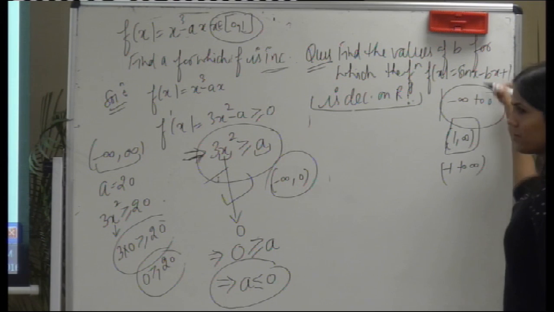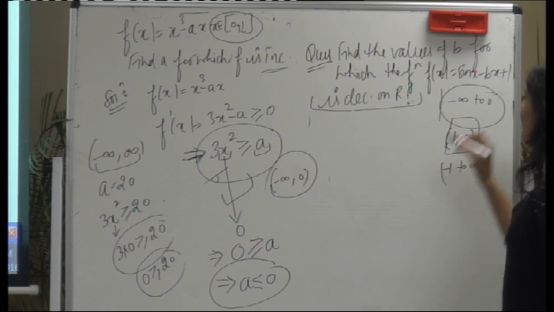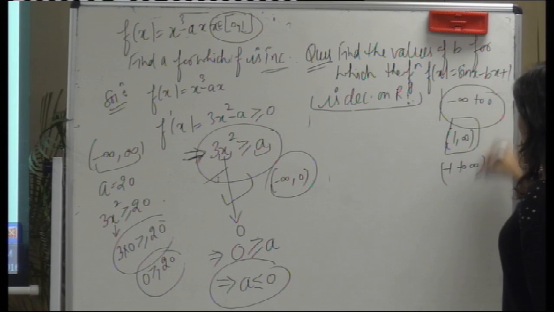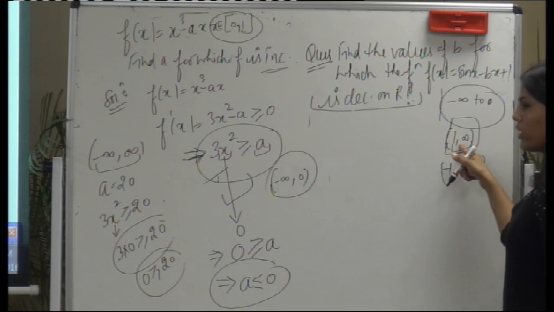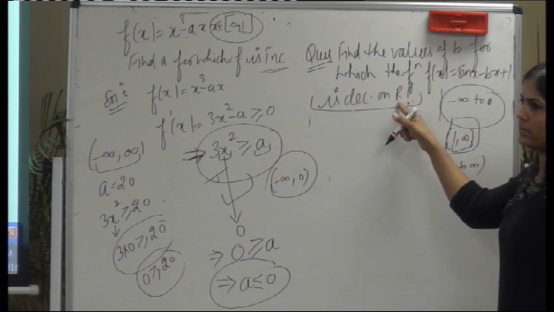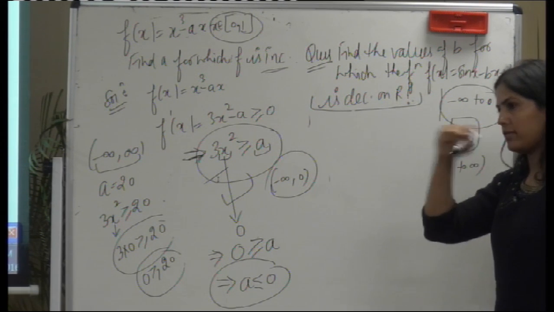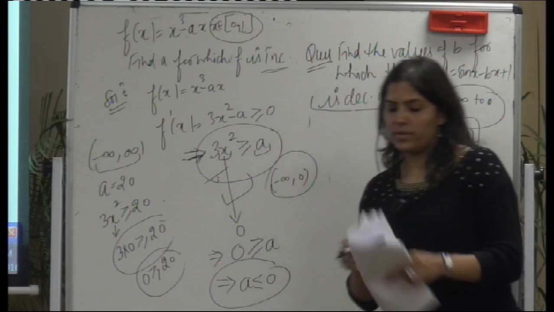Suppose these are your options, these are the answers you are giving me, and none of them is true. You said 1 to infinity. Take b value 2 and take any x. Just check. Your derivative is still negative. It should not be.